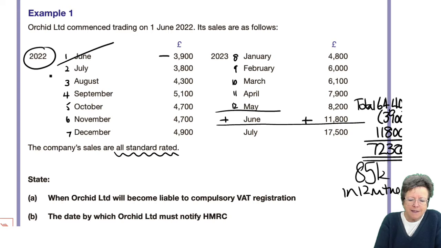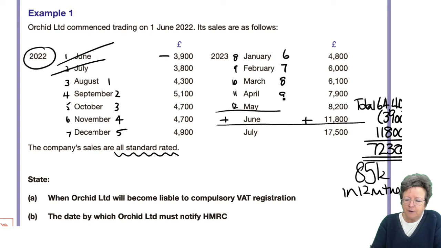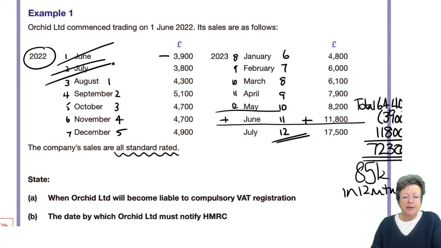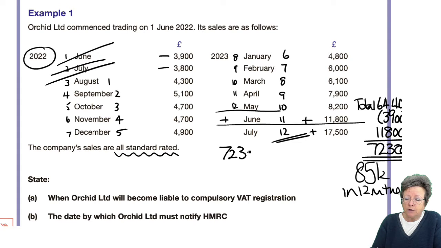So we take that off, and this becomes the 1st, the 2nd, the 3rd, the 4th, the 5th, the 6th, the 7th, the 8th, 9th, the 10th, the 11th, the 12th month. That is our period now. So we started with 72,300.